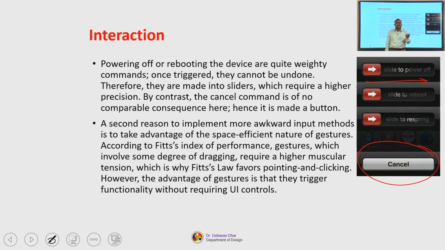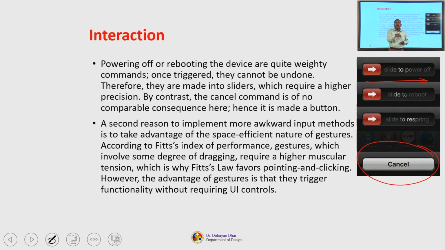A second reason to implement more awkward input methods is to take advantage of the space efficient nature of gestures. According to Fitts index of performance, gestures which involve some degree of dragging require a higher muscular tension.